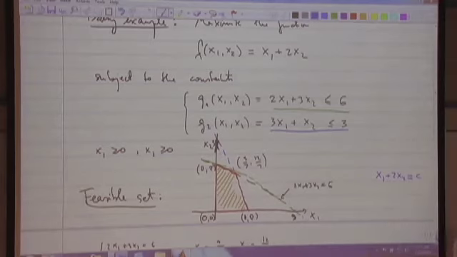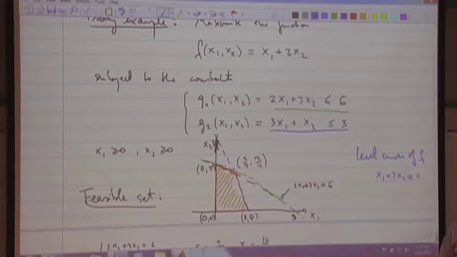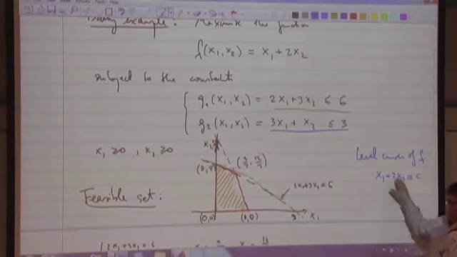So what are the level curves, right? The level curves of the objective function are lines, right? Lines in the plane, parallel to themselves, right?